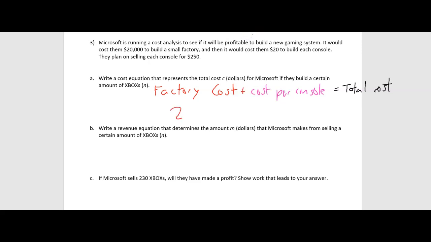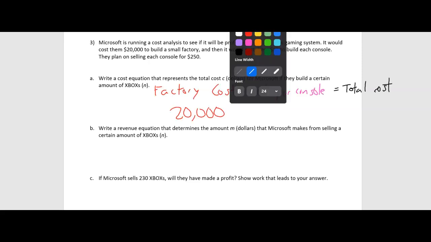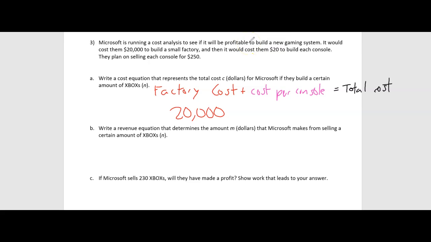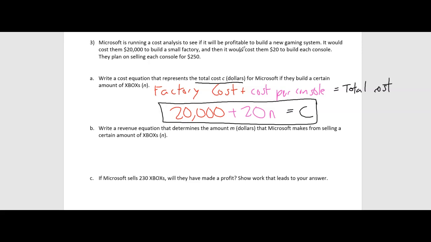Well, the cost for the factory, $20,000. The cost per console is going to be $20, but we don't know how many consoles they're building. So it's going to be 20 times the number of consoles, or times the number of Xboxes, which is N. So 20N. And our total cost, we don't know what the total cost is, but they tell us that we're going to use C for the total cost. So 20,000 plus 20N equals C.